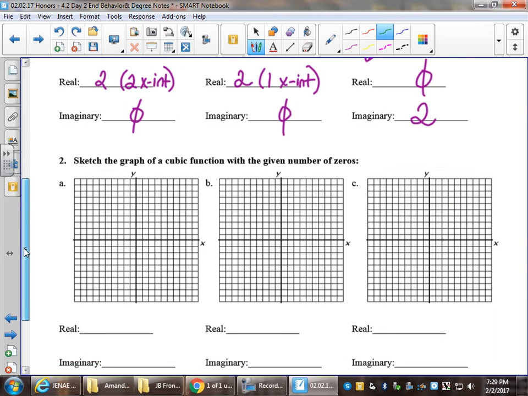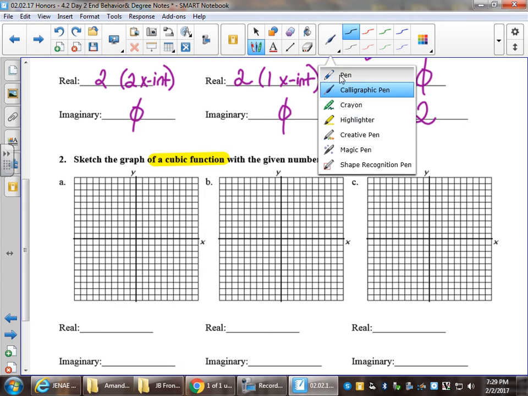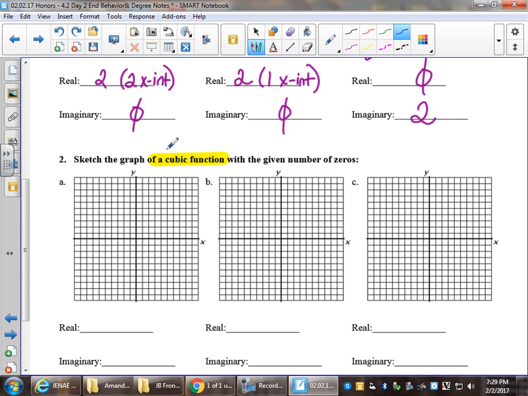Number two says, sketch the graph of a cubic function. Let's highlight cubic. Because it's cubic, cubic means degree 3. If I asked you how many turns, you would think, well, degree 3, 3 minus 1 is 2. So 2 turns.